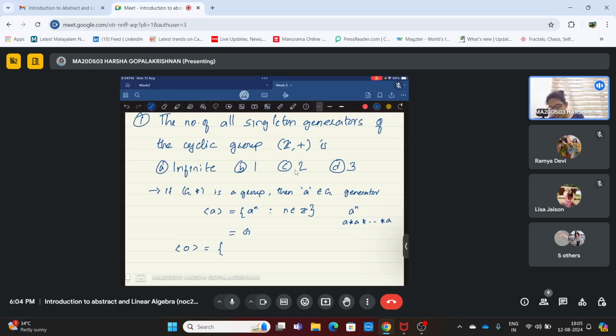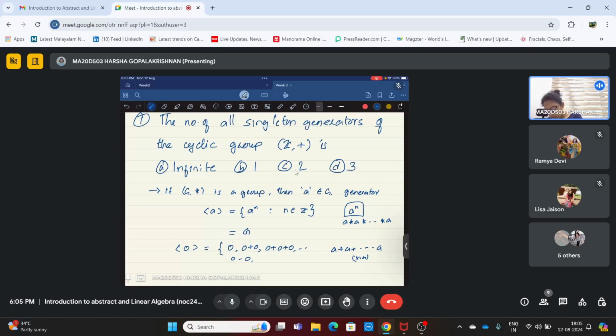So here in this case we have addition. What does A power n mean? It means adding A, n times, or we can notate it as nA also. But the standard notation is A power n. A power n simply means A star A and so on, not the usual dot product. So the generation by 0 means first we take 0, then 0 plus 0, 0 plus 0 plus 0, etc. In the opposite direction, 0 minus 0, that is, the A power minus n terms, should also come, right?